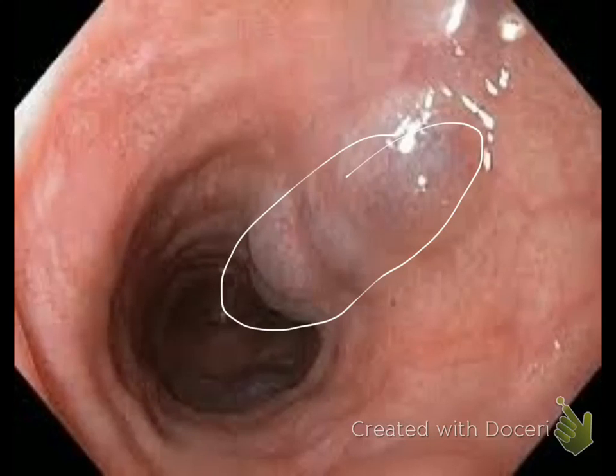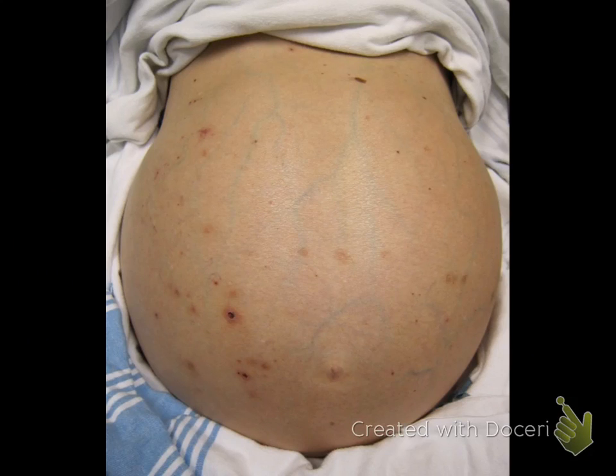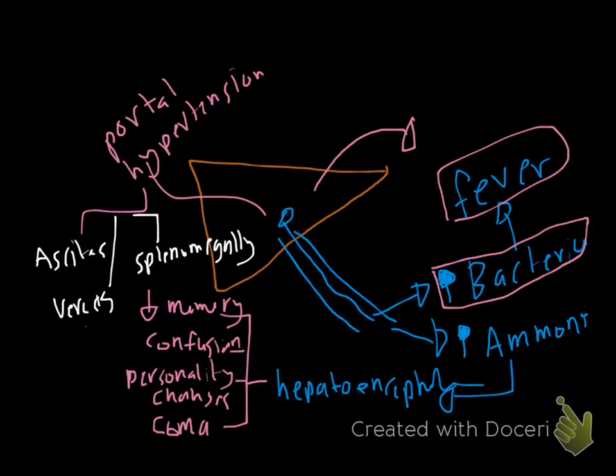Okay, as you know, the liver is the home of protein metabolism. When there is liver failure there will be protein catabolism, and that will lead to muscle wasting.